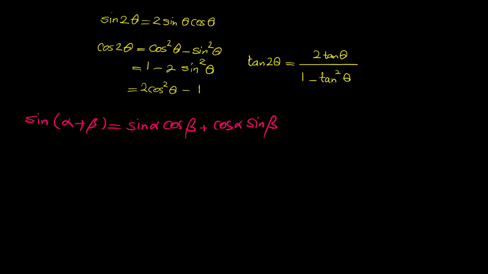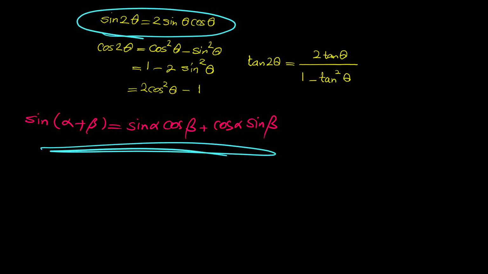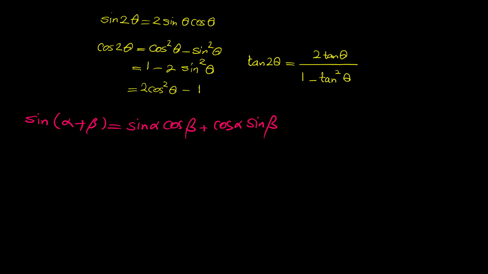So for deriving this formula from this formula, we suppose alpha equal theta, and we suppose beta also equal to theta. Then by doing this, we have sine of theta plus theta, which is 2 theta.